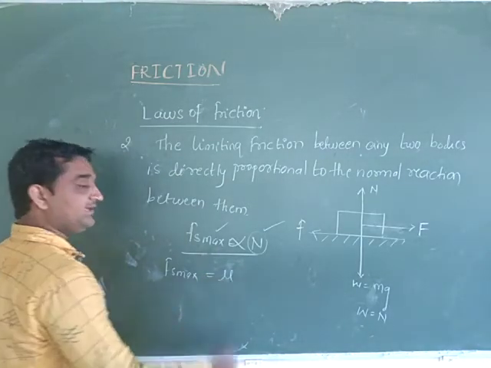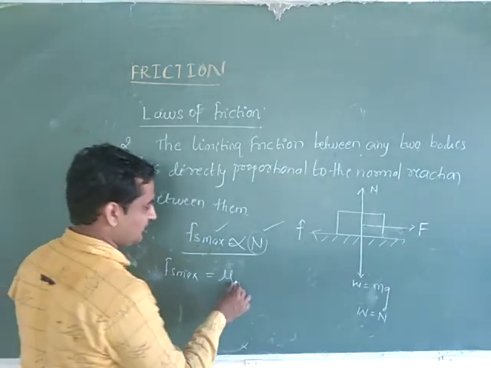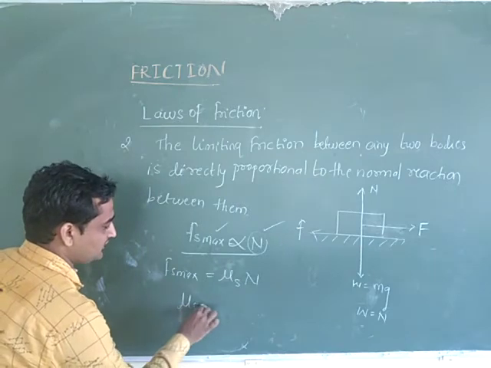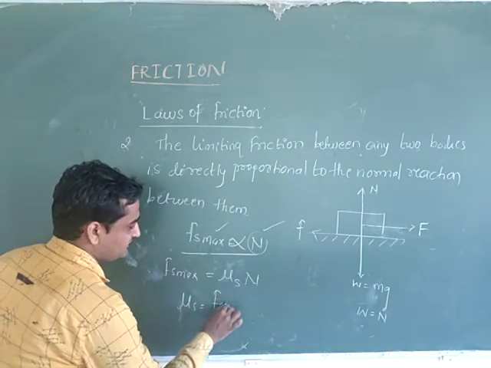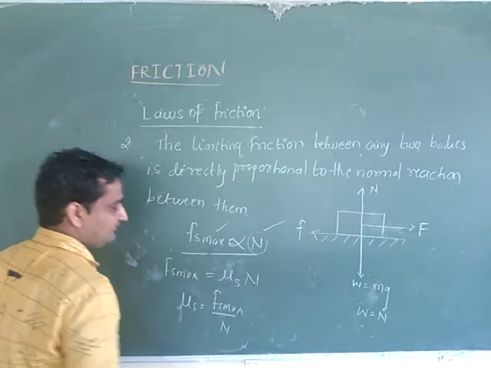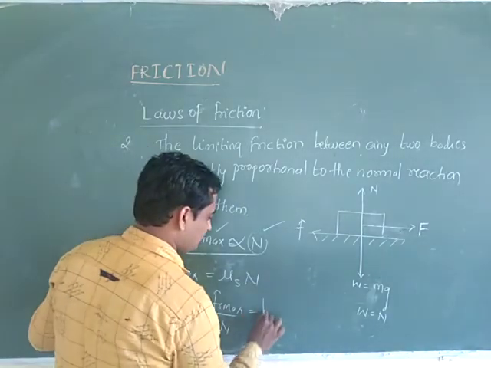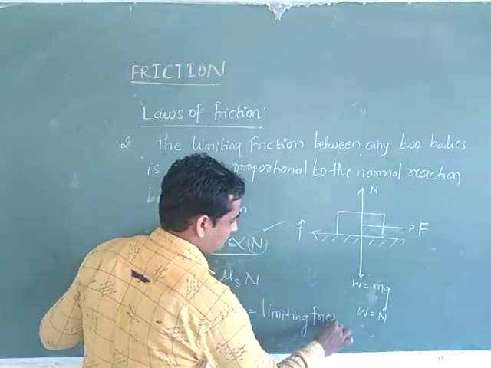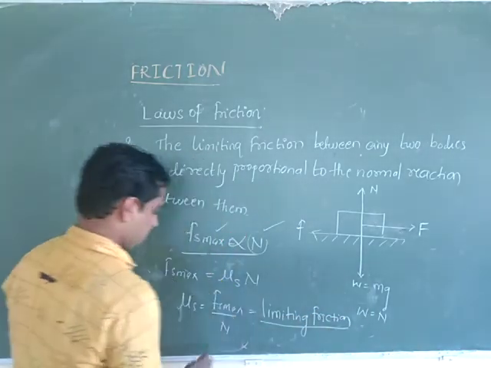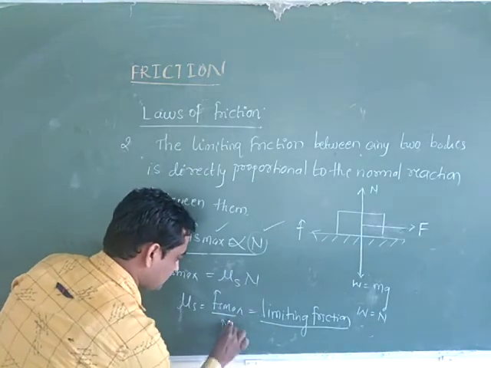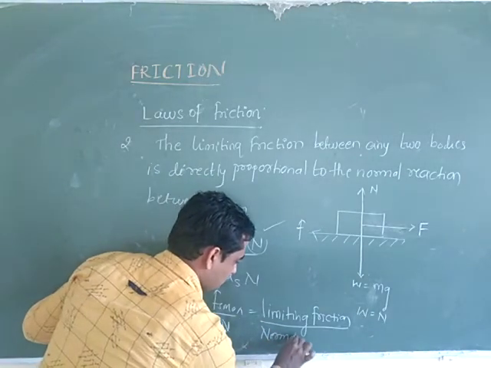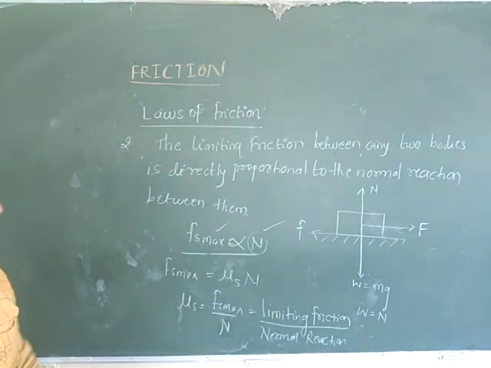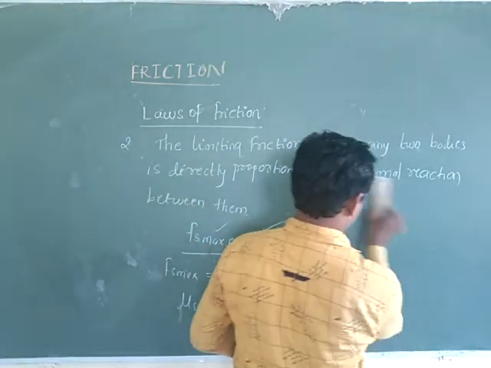By the equality sign we remove the proportionality sign and write mu s into N. So mu s is equal to Fs max divided by N. Fs max is the limiting friction, and N is the normal reaction. And this mu s is called the coefficient of static friction.